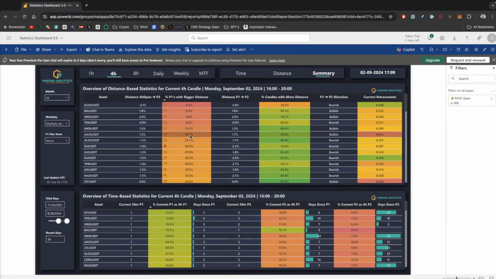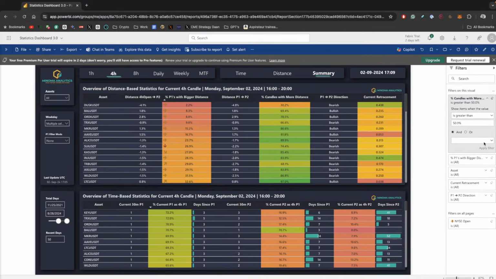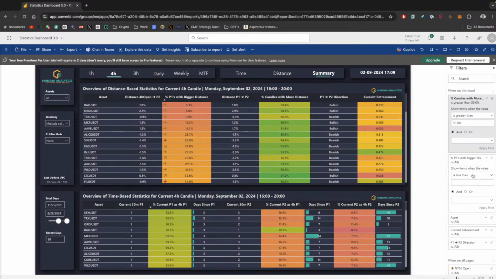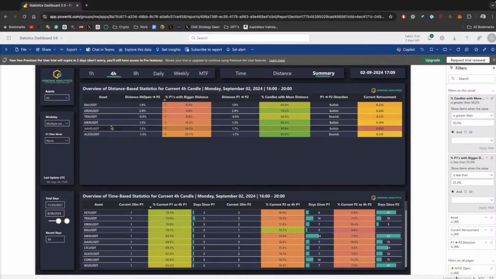Let's check the 4 hour. So right now, if we check only candles with more distance, we want that big enough 50%. Oh, never mind. Oh no, wait, we do. And this one less than 25%. So we have some very nice plays actually on the 4 hour. All bullish or some bearish.